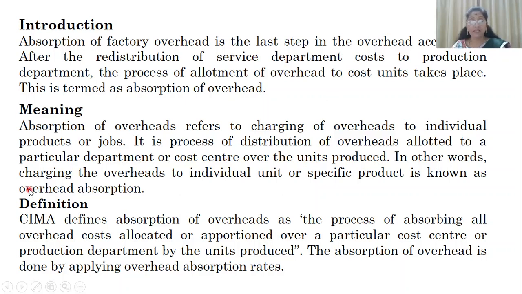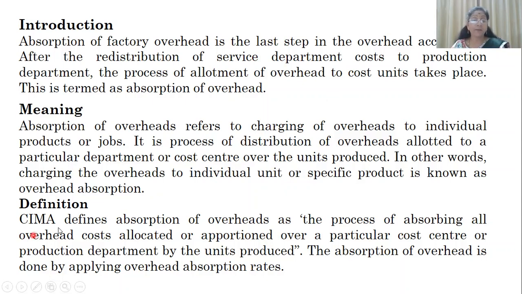In other words, charging the overheads to individual units or specific products is known as overhead absorption. I have given some examples: kilogram of chemical, ton of sugar, cinema seats, like that. Next we move on to definition.